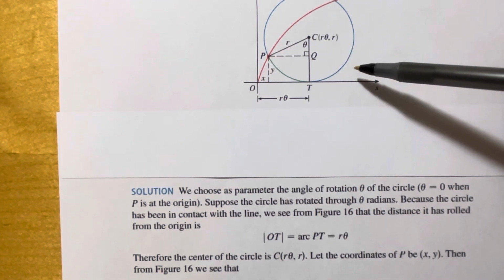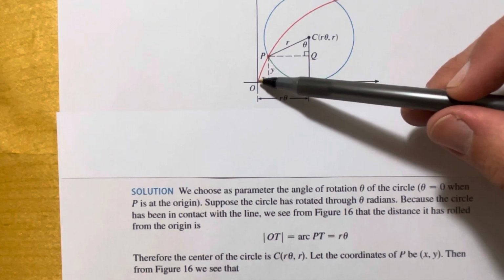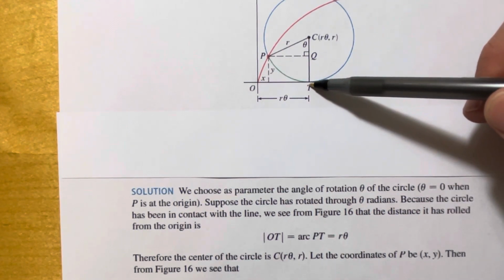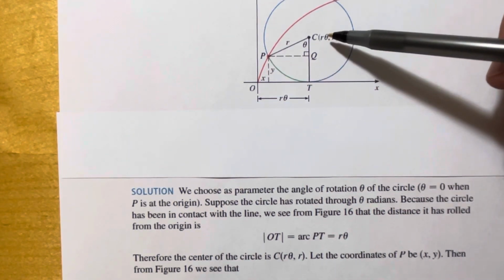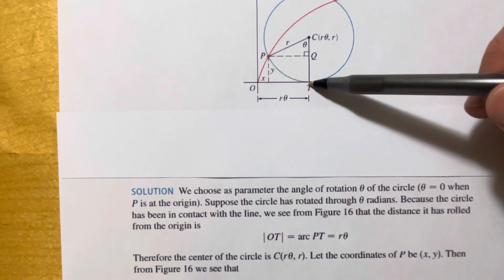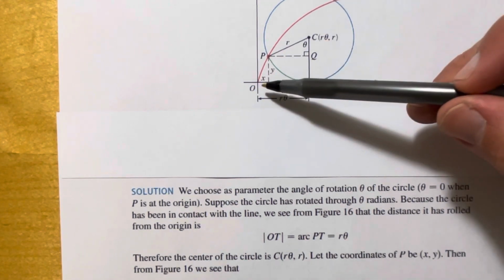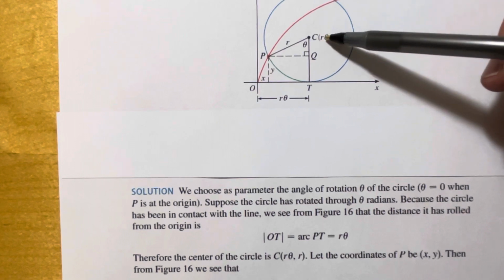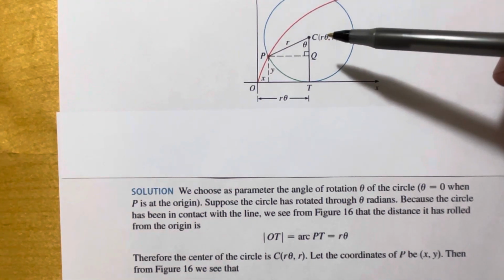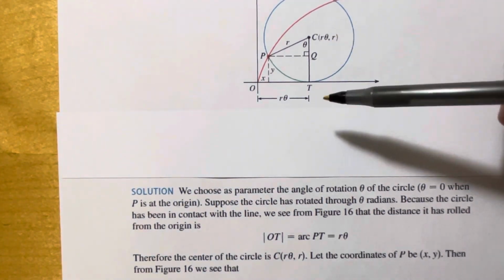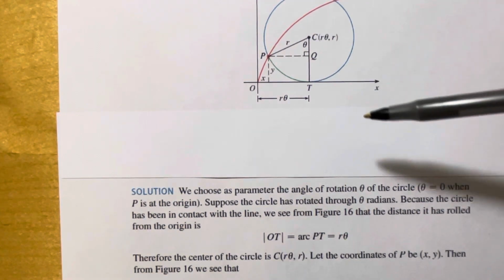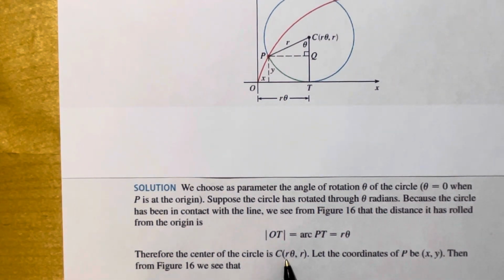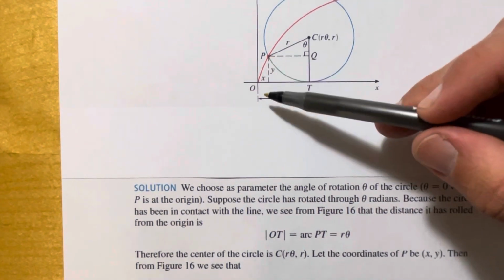R times theta is going to be, remember, the distance from the origin to wherever the circle is at that given time. And that would correspond to the x-coordinate of our circle. That's the horizontal distance. So r theta is the x-coordinate right there, okay? That's what we're seeing right here. The center of our circle would be r theta, r. And again, we're going to let P have coordinates x and y.